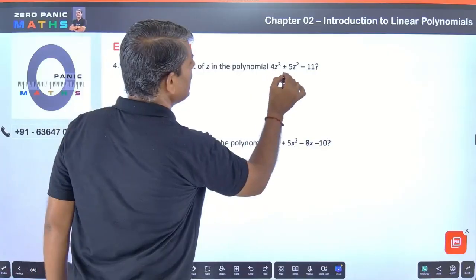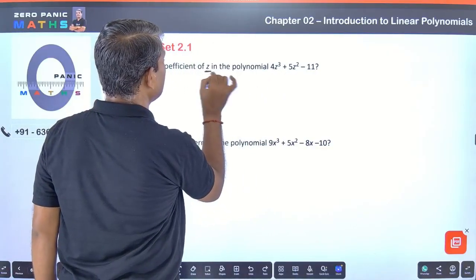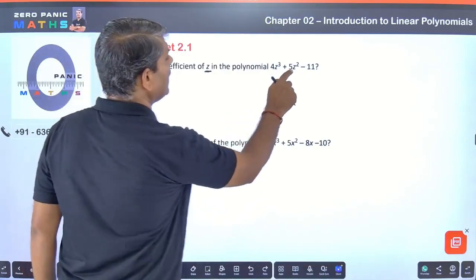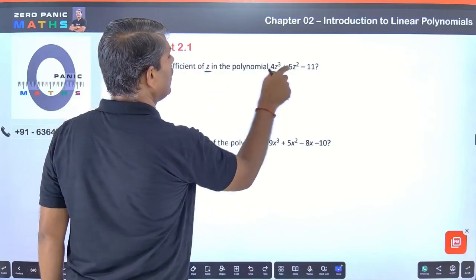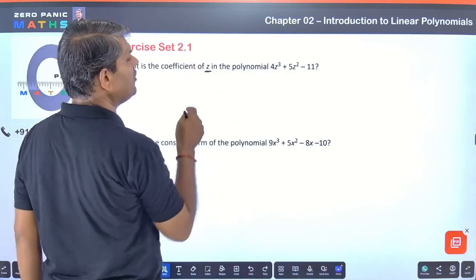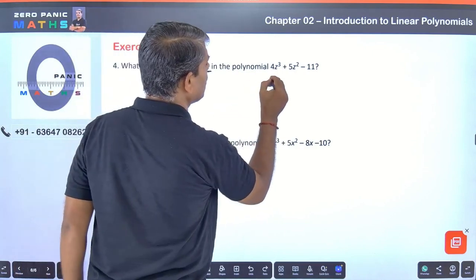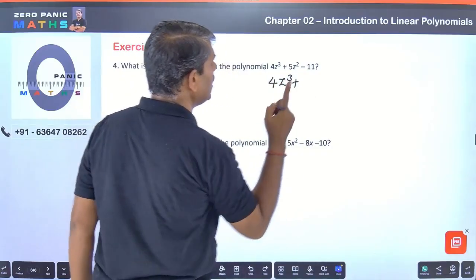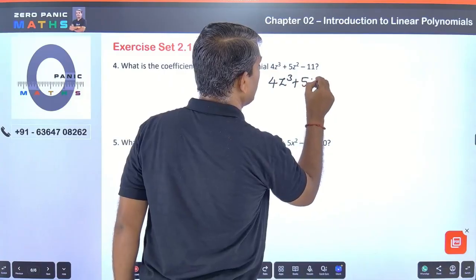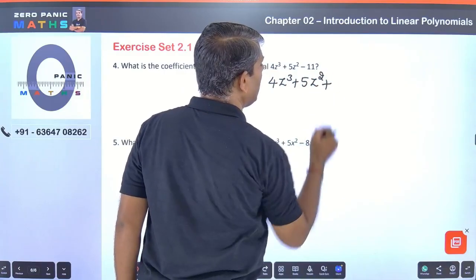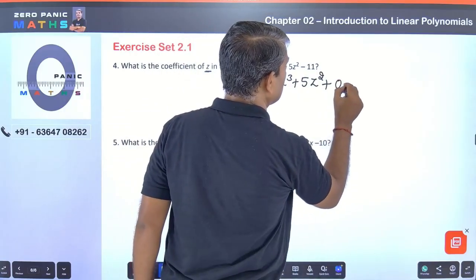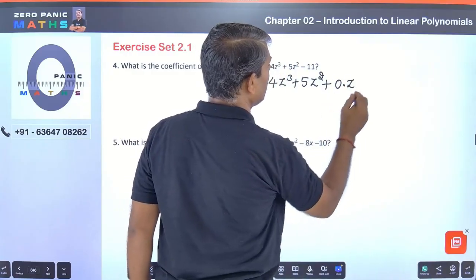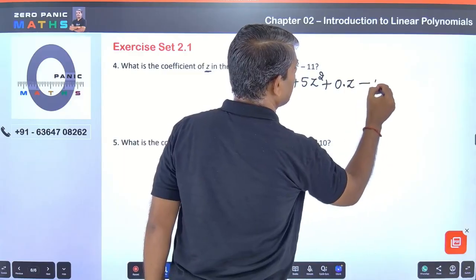Okay, now suppose here we don't have the term with z. What I'm trying to make you understand is, even if the z term is not there in this polynomial, we can find the coefficient of it. How? We can write it as 4z cube, the term with cube, and then 5z square, plus a term 0 into z, and minus 11.